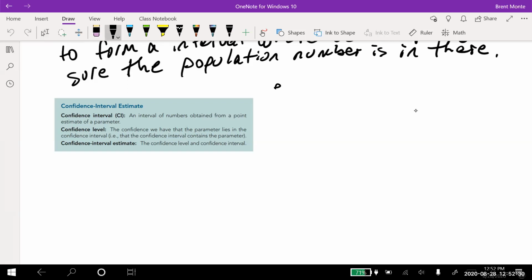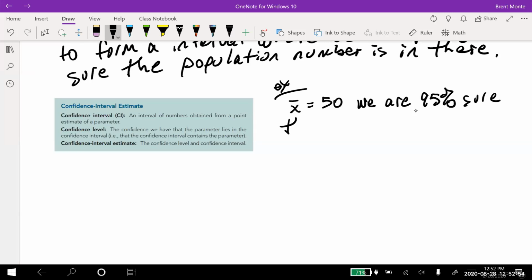So let's give an example so that we can translate this more into English. Say that I've got a number for X bar and say it's 50. And let's go further to say that we are 95% sure that mu, the population mean, is within 2 of X bar.